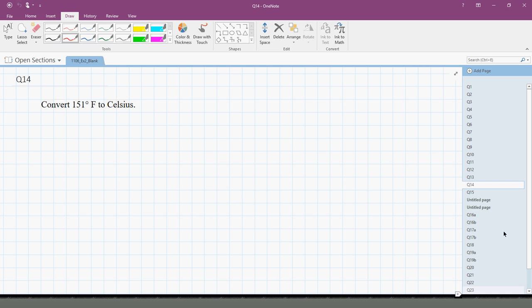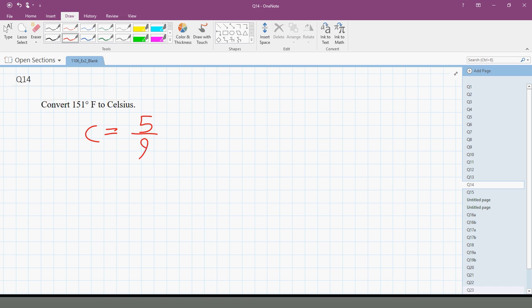All right, and the last one from chapters 9.1 through 9.3. We want to convert Fahrenheit to Celsius. Do you remember what the formula was?